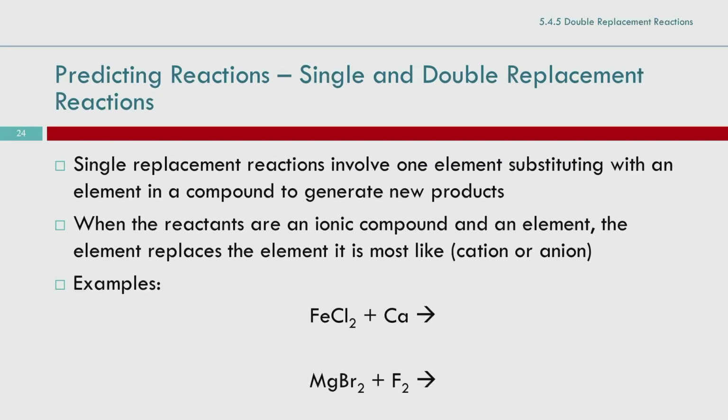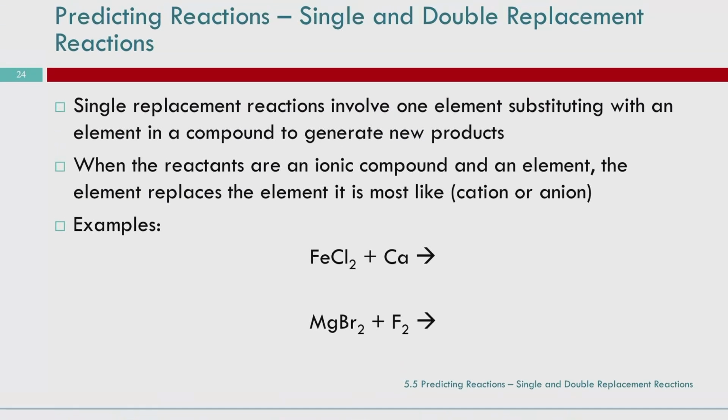All right, if we want to predict single and double replacement reaction products, we need to be able to identify what kind of ions things are going to form when we have ionic compounds. So for example, FeCl2 and Ca reacting, this would be a single replacement reaction because we've got an element that's by itself.